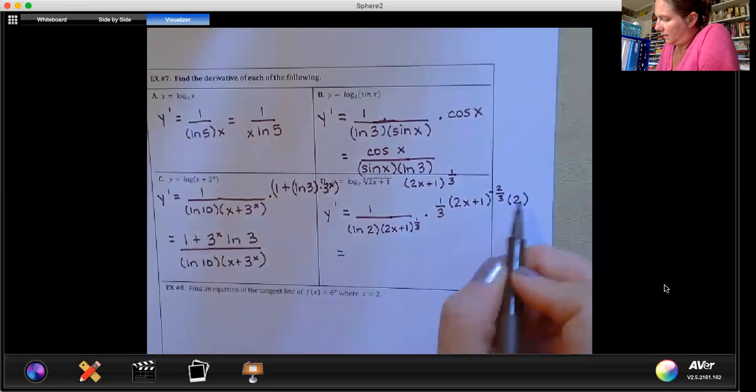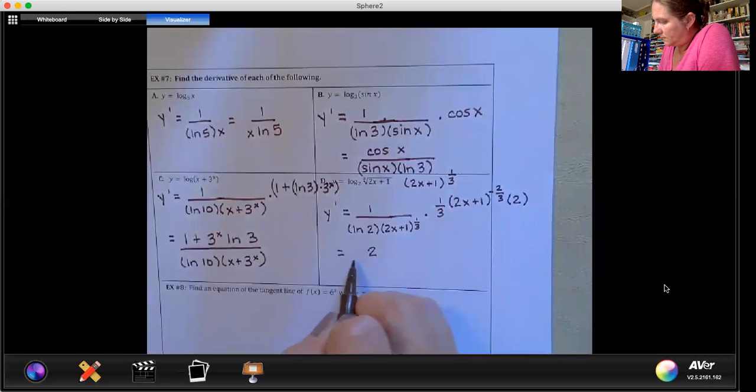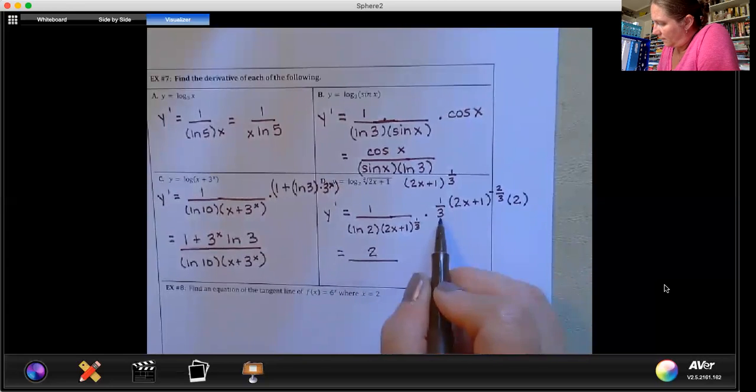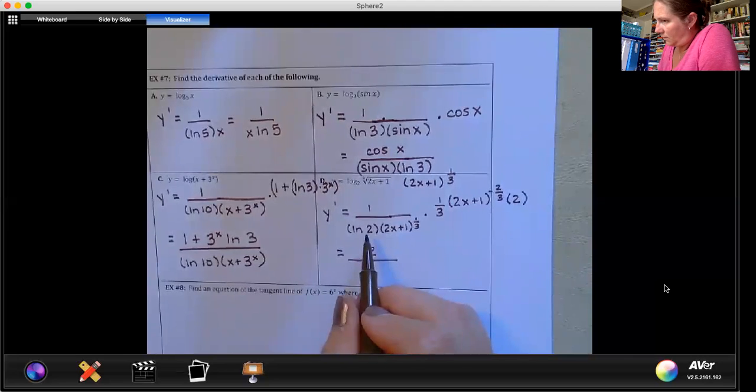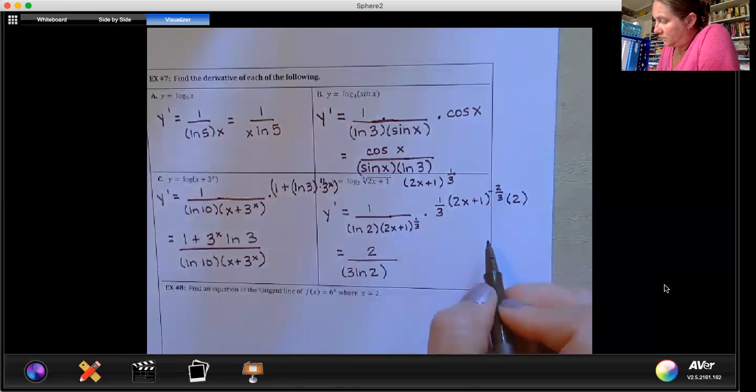And then just clean that up. You've got 2 on the top. You've got this on the bottom. And then you've got your other pieces here on the bottom as well. So let's do 3 ln 2. And then you've got 1/3, and you bring the 2/3 down, and 1/3 plus 2/3 is just 1.